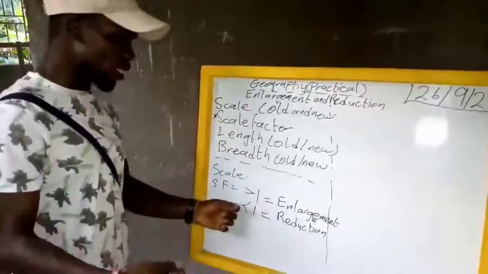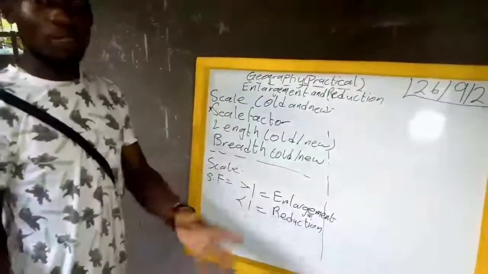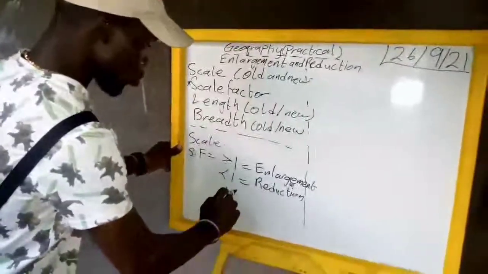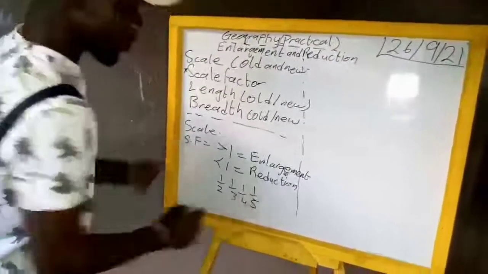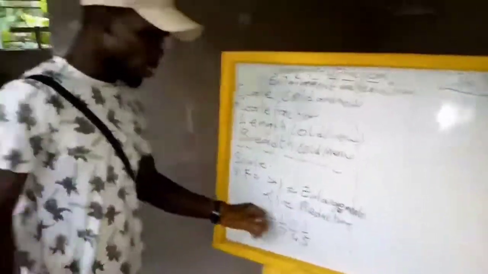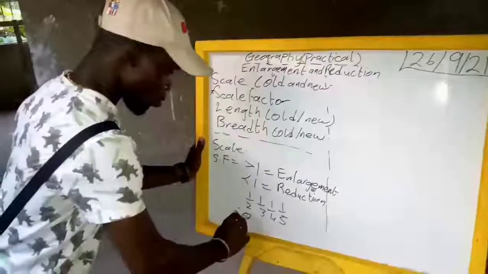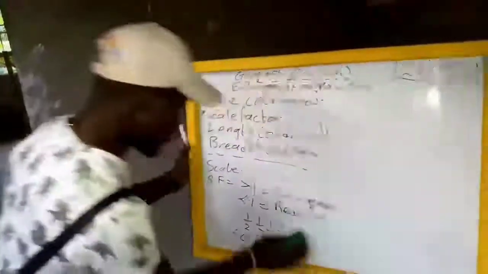But if the scale factor is less than 1, like 1/2, 1/3, 1/4, 1/5, it is reduction. Normally when it's reduction, the scale factor is given in fraction form, because 1/2 is the same as 0.5, which is less than 1. So that's for the scale factor.